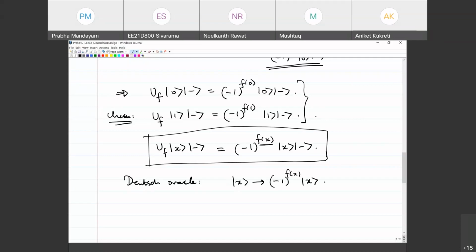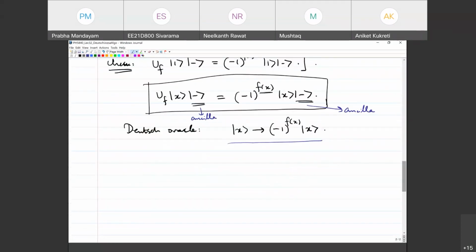Because this second qubit here is simply an ancilla qubit that's kind of coming in for a ride here, right? So this is an ancilla qubit. But of course, its role is important to achieve this functionality. So in some sense, theoretically, this is the desired functionality of the oracle.